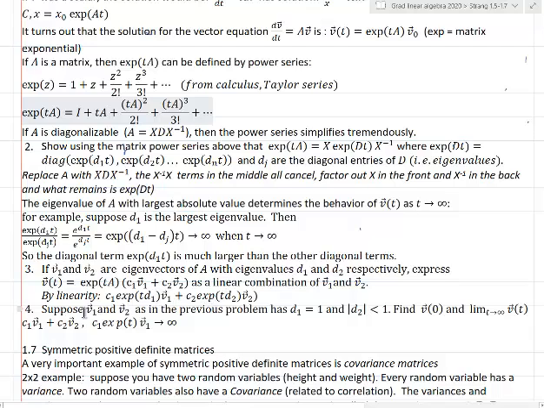Now suppose, in the previous problem, d1 equals 1 and d2 is less than 1. Find v of 0 and the limit as t goes to infinity of v of t. Well, v of 0, just plug in t equals 0. If I plug in t equals 0, since the exponential of 0 gives me a 1 here, it's c1 v1 plus c2 v2.